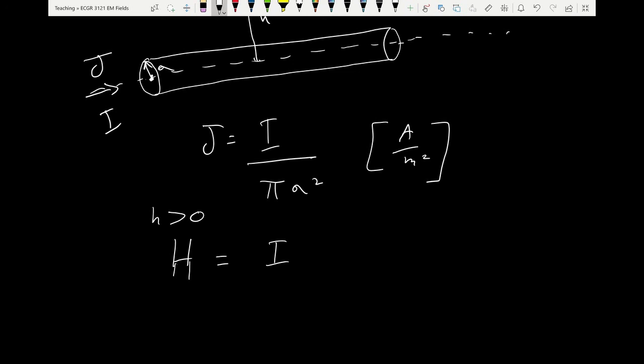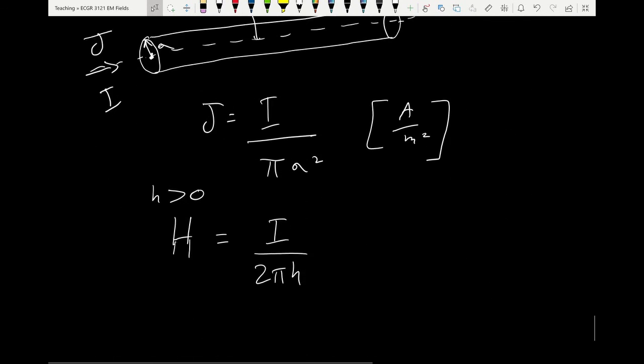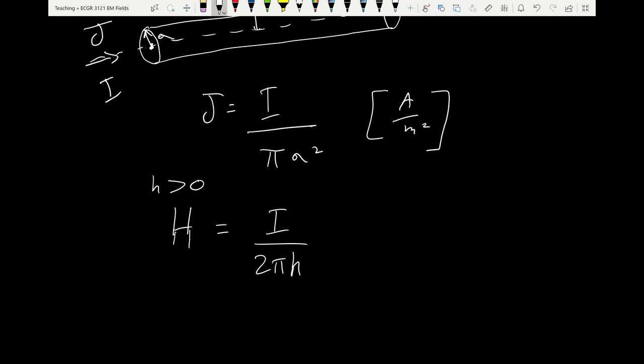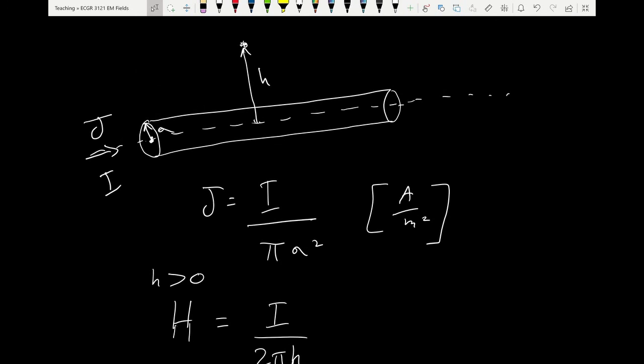It's I over 2 pi h. Because Ampere's law utilizes the total enclosed current. If my contour is this, the total enclosed current is I, I don't care about J.